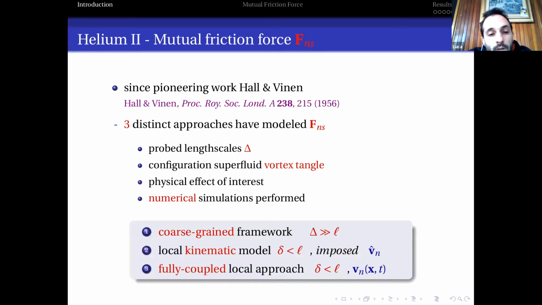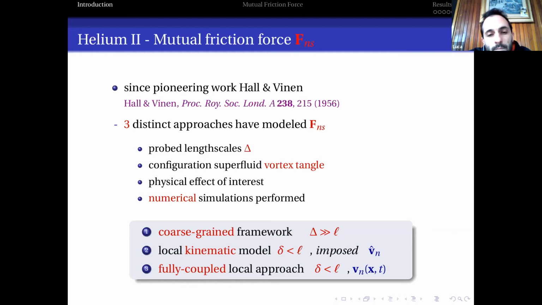We shall subdivide these models of the mutual friction force in three categories. There is the coarse-grained framework, elaborated by Hall and Vinen, which describes the mutual friction force at macro scales Δ much larger than the average intervortex spacing ℓ.